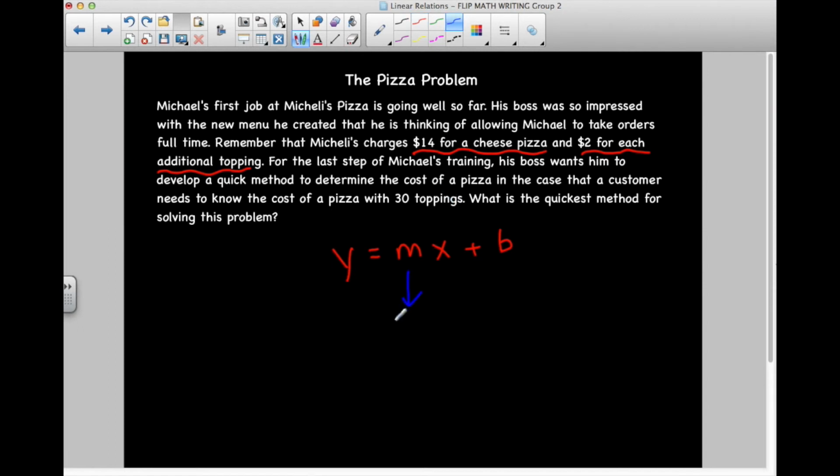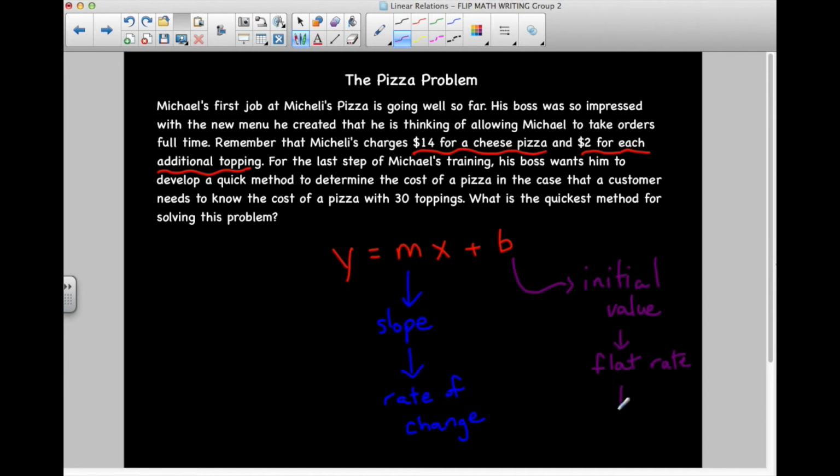M stands for our slope, also represents our rate of change. Our b value represents our initial value, which sometimes is called the flat rate or base cost. X represented our independent variable, and Y represented our dependent variable.